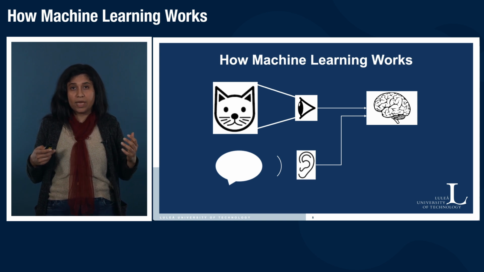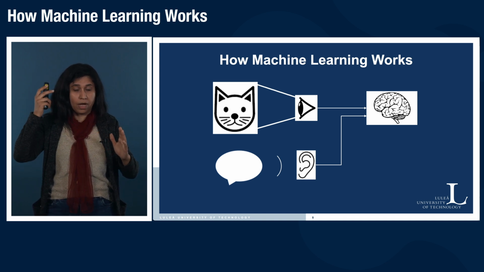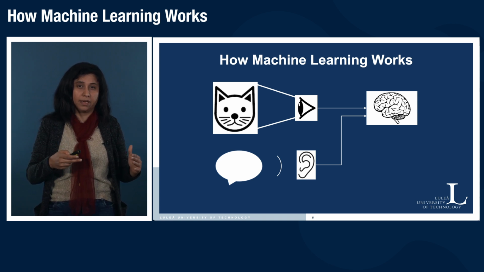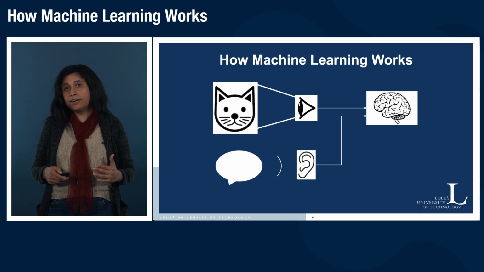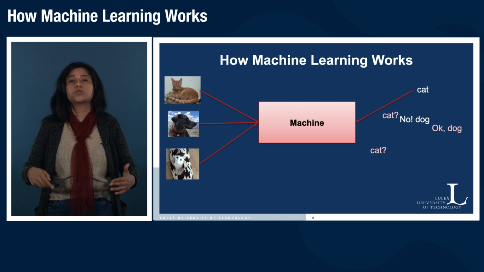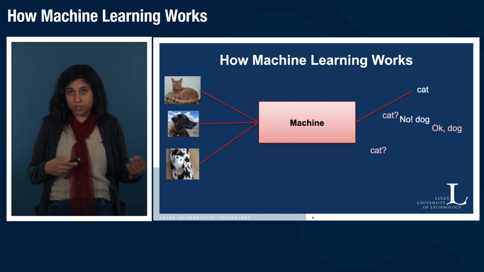Then our brain will learn, and when we see a new cat, our brain will know this is a cat, because our brain has already learned from previous data. Machine learning works in a similar way. The machine will have different images, data with the label, and start to train itself and learn to do, for example, image classification.